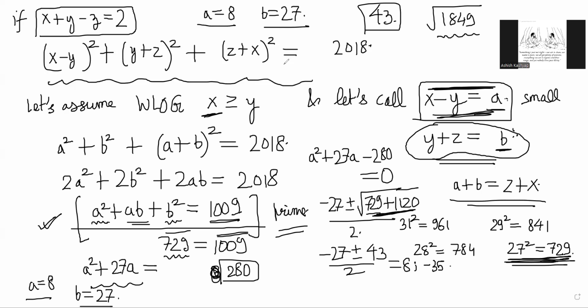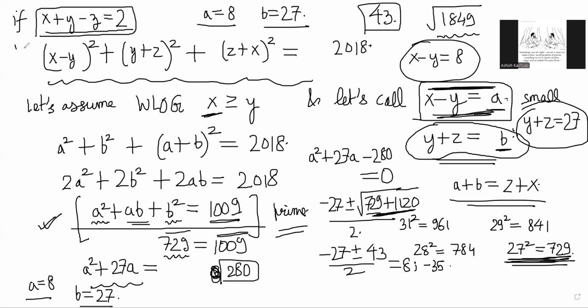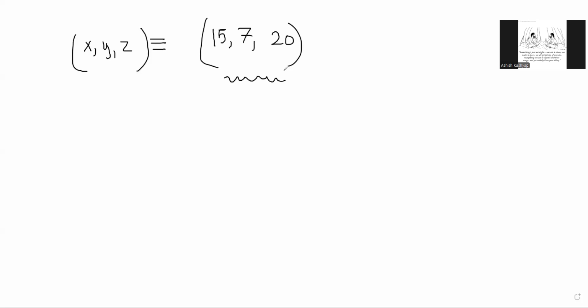So a little bit of guesswork is involved at this stage, which gives us the value of a is 8 and b is 27. And now the question is over because you have x minus y is 8, y plus z is 27, and you also have x plus y minus z is 2. From these three equations, you can find the values of x, y, and z. If you check the answer, x, y, and z will come out to be 15, 7, and 20. You can see this will be working out.